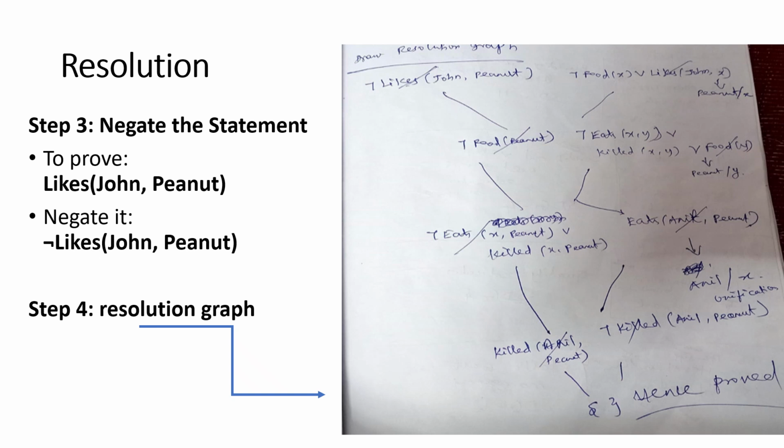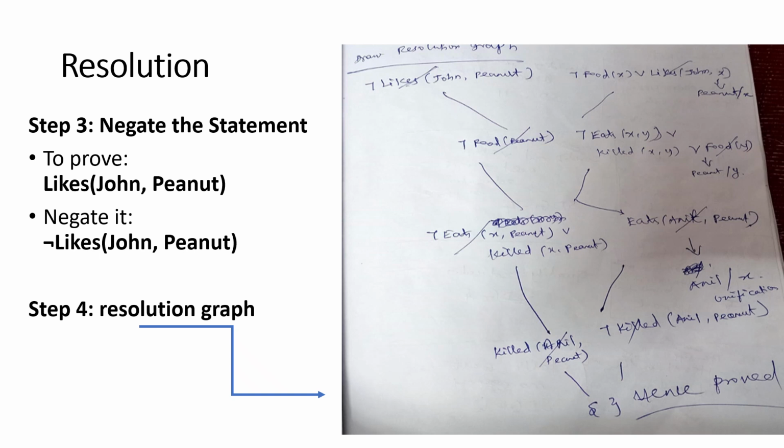So likes is a contradiction, so we are just going to cancel the statement. Negation of likes comma John comma peanut and likes of John comma X are similar, so we cancel them, where X can be represented as peanut according to the unify rule. So now the pending one is negation of food of peanut.